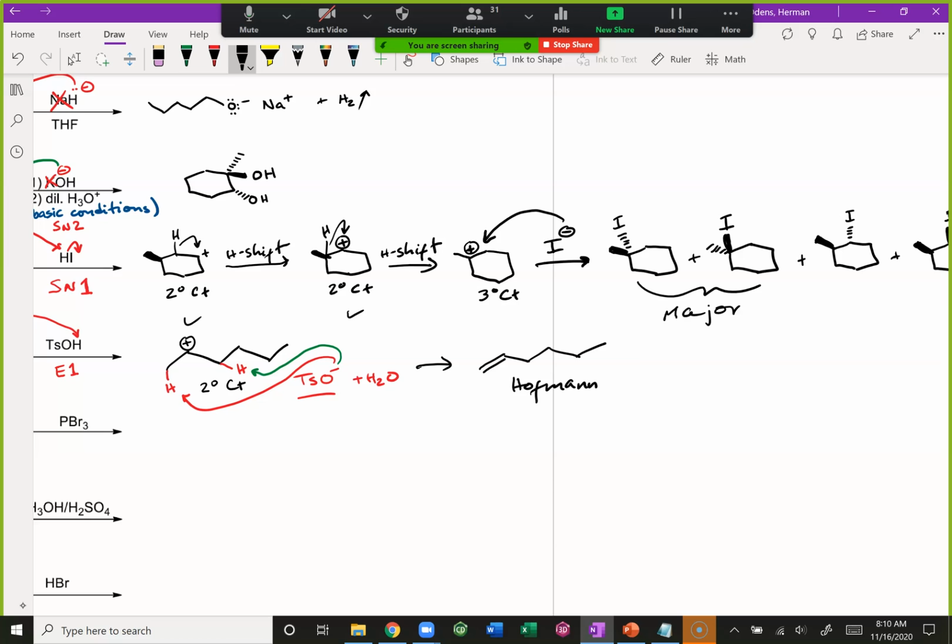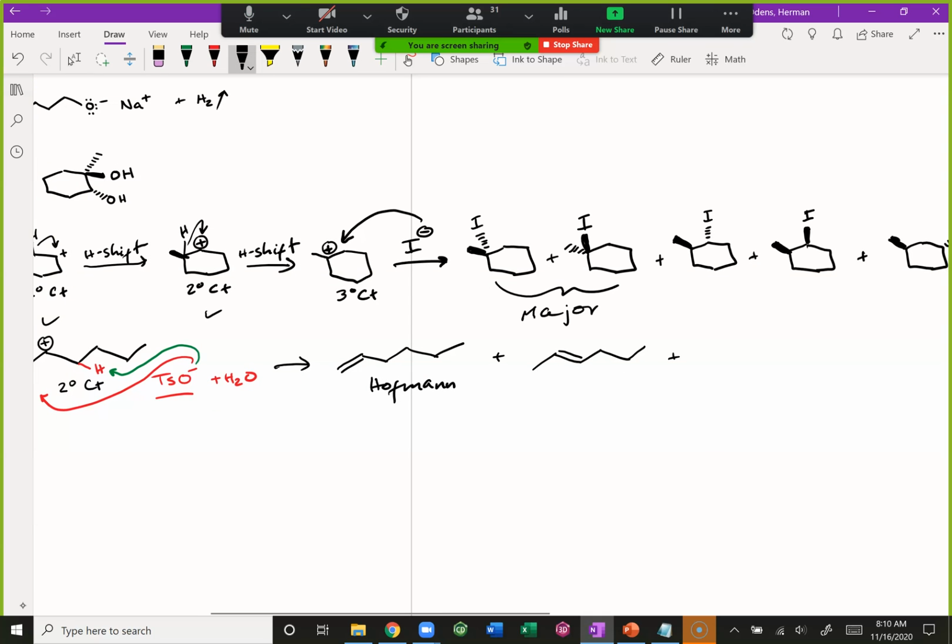And if I get the proton with the green route, how many products can I make there? 2. So I'll make the trans, or E, and if I can make the trans, I will definitely make the cis. So this will be my major product in the whole thing, and these two are side products.